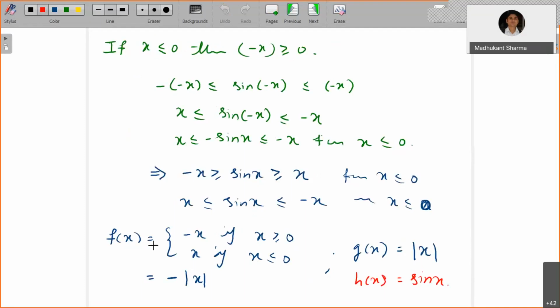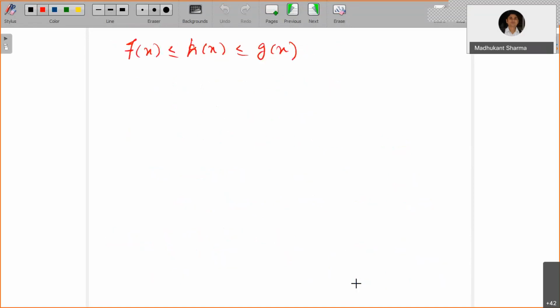Here f of x is minus mod x, g of x is mod x, and h of x is sine x.